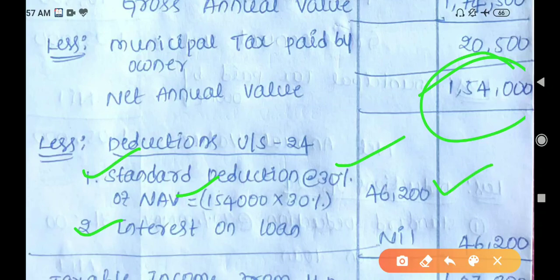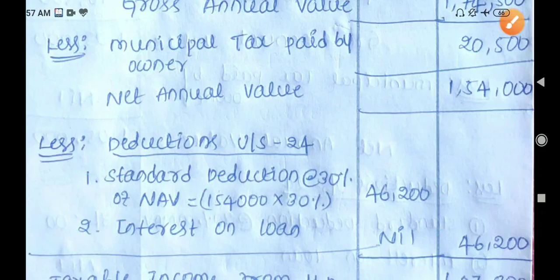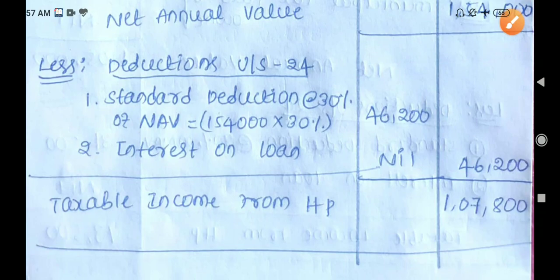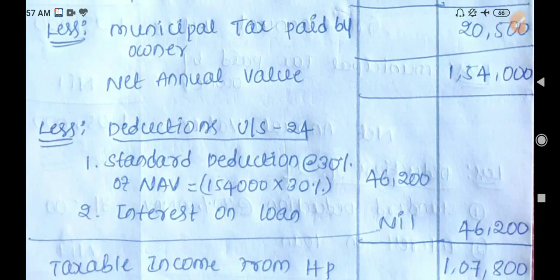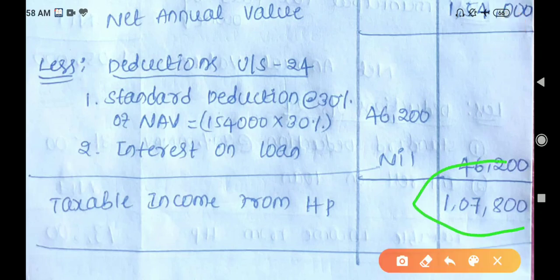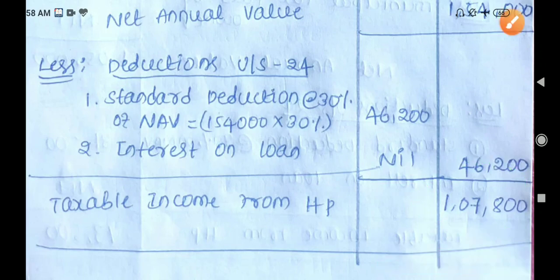And interest on loan is nil because the loan is not taken for the construction of the house. So total deductions is 46,200. If you deduct that 46,200 from 1,54,000, you will get the taxable income from house property, that is rupees 1,07,800. Okay, so this is the answer.